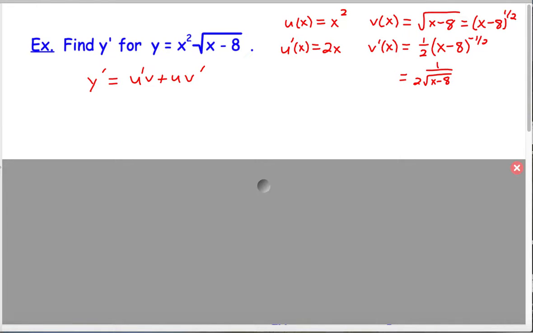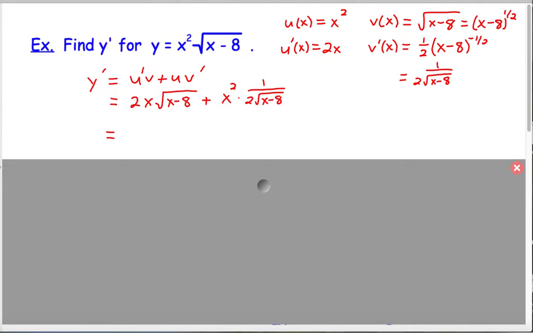So now let's apply that to this problem. u prime is 2x times v, v was the square root of x minus 8, plus u, which is x squared, times v prime, which was 1 over 2 times the square root of x minus 8.